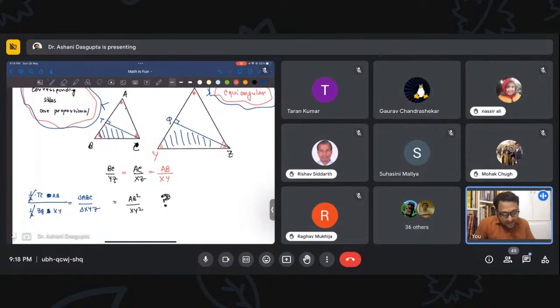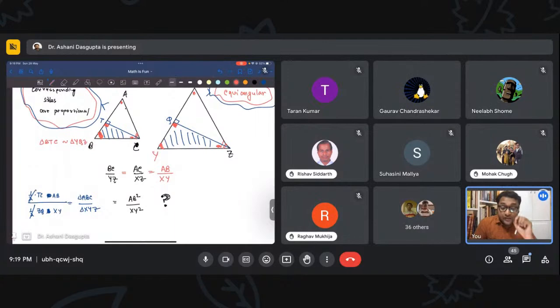Because 90 degrees equals 90 degrees, and angle B was always equal to angle Y because the two original triangles were similar, and the remaining angle is just 180 minus these two. So these two triangles are equiangular, therefore they're similar. So triangle BTC is similar to triangle YQZ.